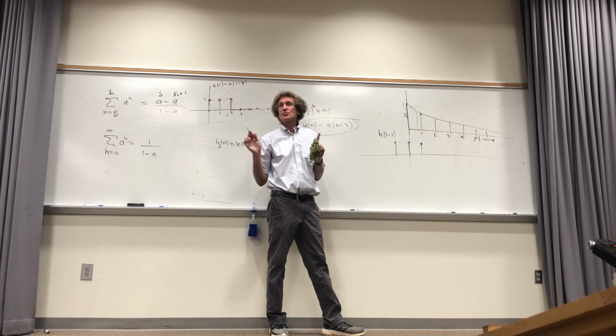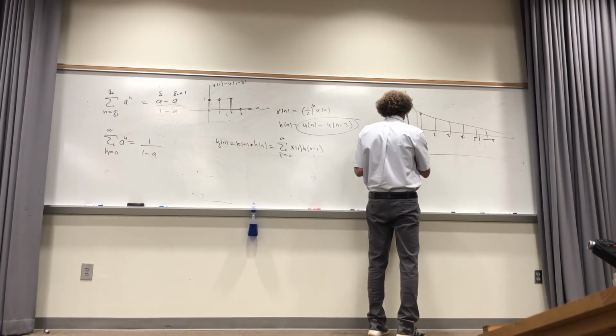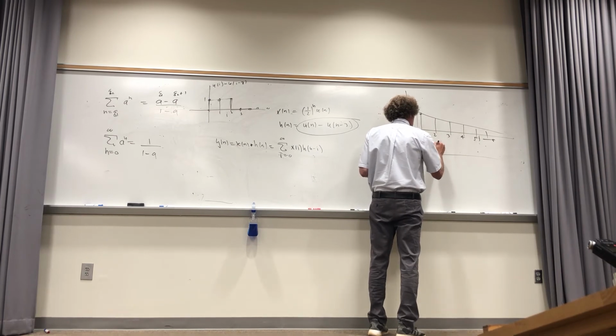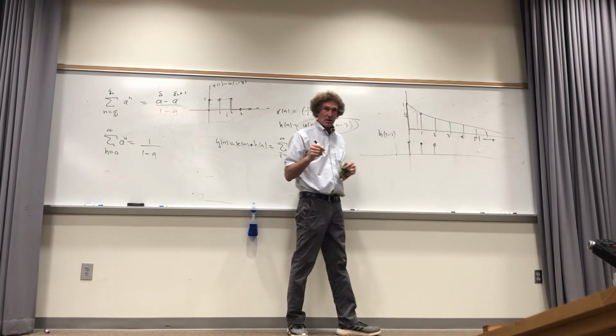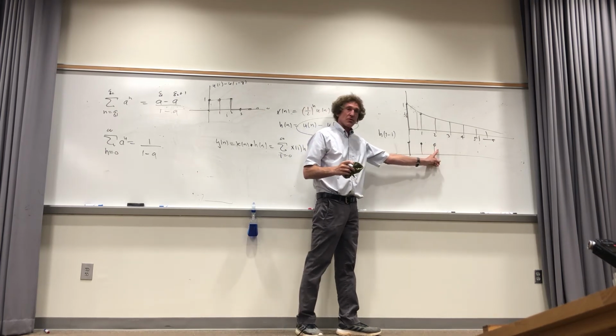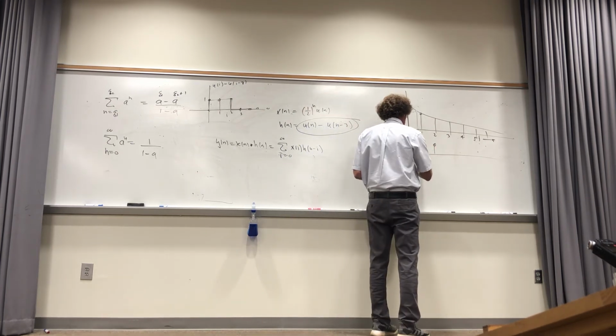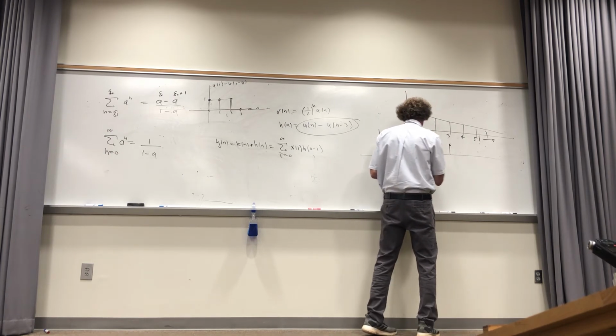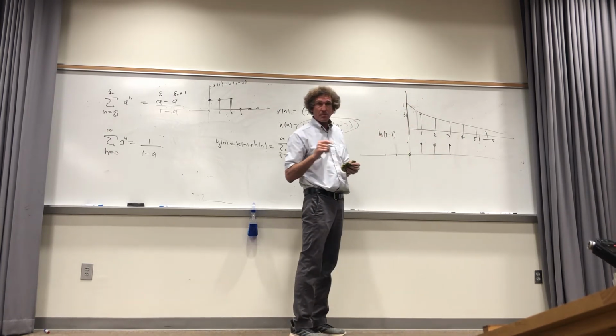Normally it's n here. I'm showing you a specific value, right? When n is 2, it's this. You all see that? 0, 1, 2. When n is 3, what happens? It's that, and that's 0. Can you all see what's going on?